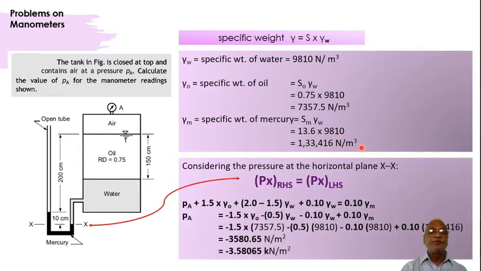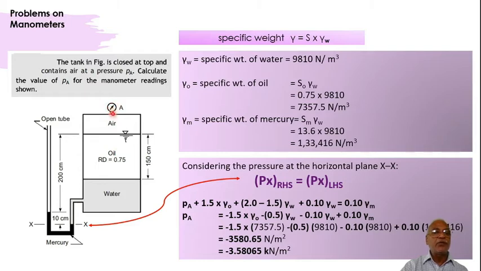Now considering the pressure at the horizontal plane XX, the pressure at X on the right hand side of the U-tube is equal to the pressure at the same level X on the left hand side of the U-tube. Now how do I write on the RHS, the right hand side? If I go up and search here, I should start with PA.